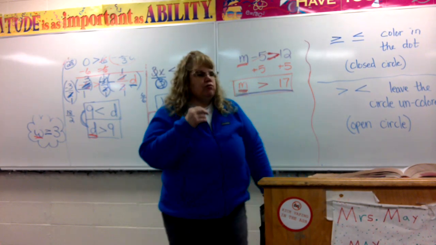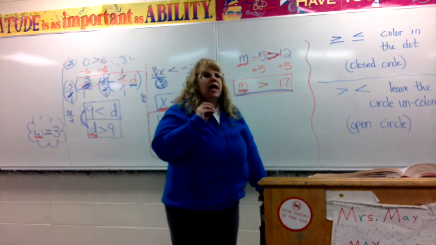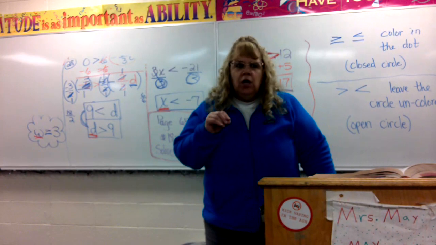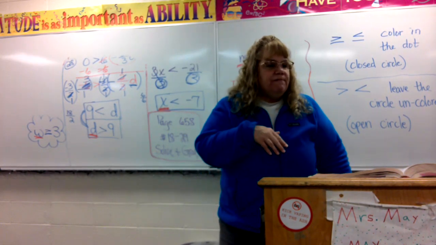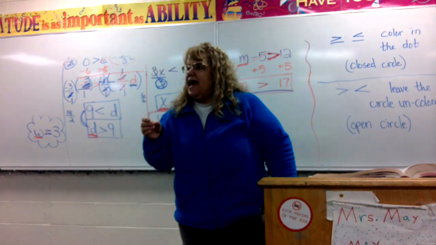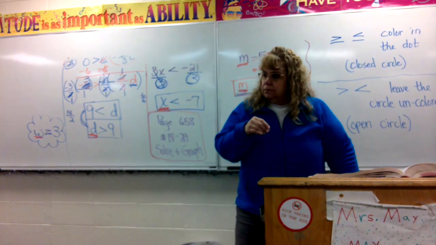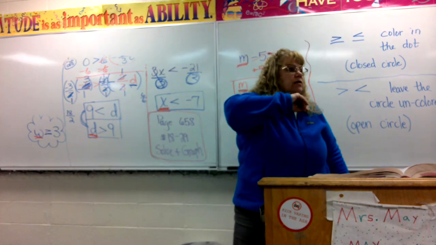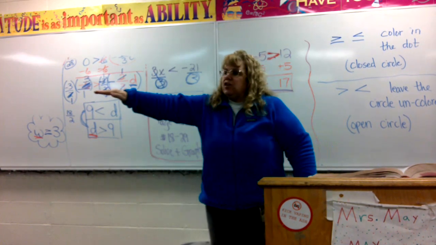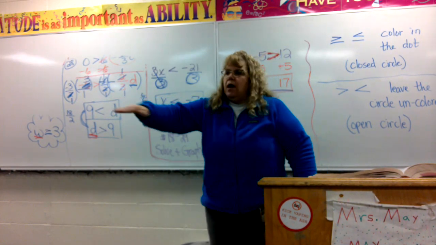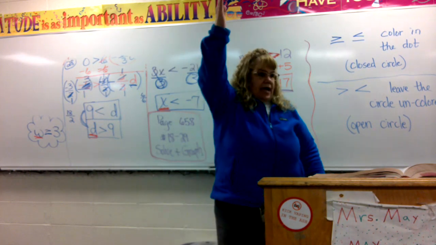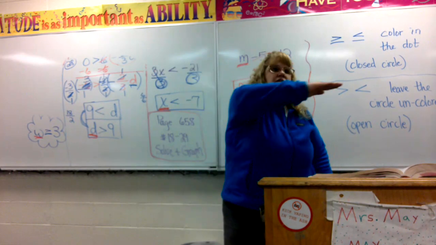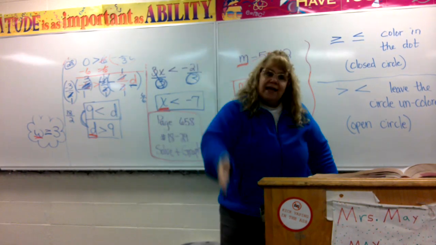Well, today we're going to graph the solutions to those. And it's not like the other graphing we did. Remember when we graphed things before, you had equations that had x's and y's? You had x going this way, y going this way. You had the x-axis, the y-axis, the x-coordinate and the y-coordinate.